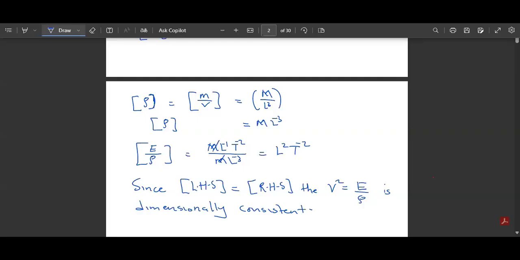This law states that for a system of colliding bodies, total momentum is always conserved or remains constant unless acted upon by an external force.